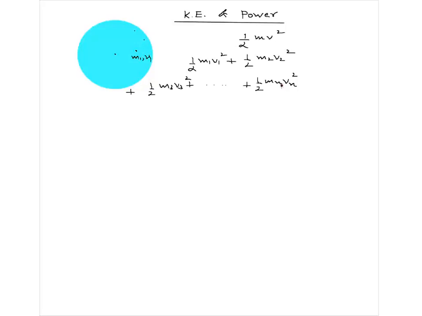We can use sigma notation here, and that gives us sigma of half mi vi square, where i goes from 1 to all particles present. Any particle is going in a circular path, so vi is ri omega. So sigma half mi, then vi is ri omega, i goes from 1 to all.